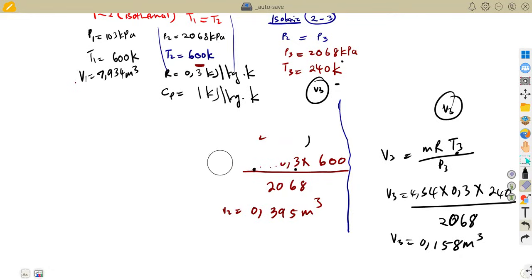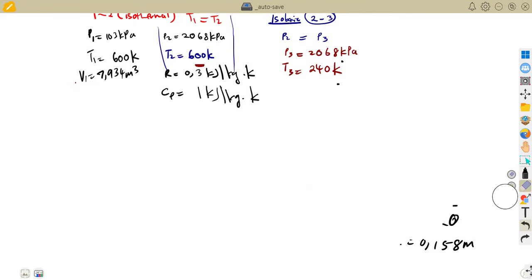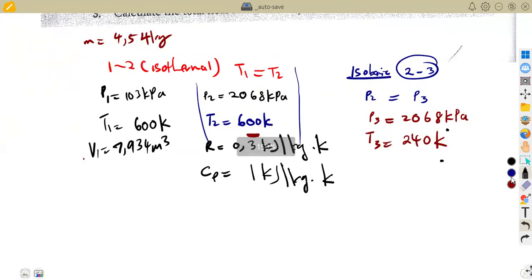Then, not forgetting our V2 and V3, we're just going to rewrite them here so that we can calculate the rest of the questions. Remember, we calculated everything here. Our V2 was 0.395. Then our V3, we calculated it was 0.158.